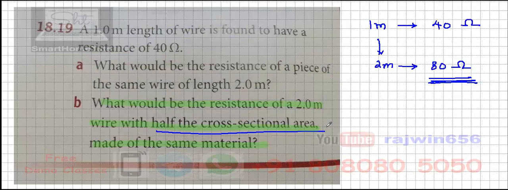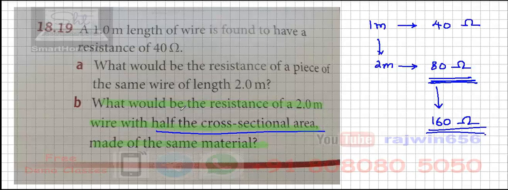The resistance of the wire is inversely proportional to its cross sectional area. It means the thickness of the wire. So if you make the cross sectional area half, its resistance is going to become double. Okay, so this 80 ohms is going to become 160 ohms. This is going to be the answer.